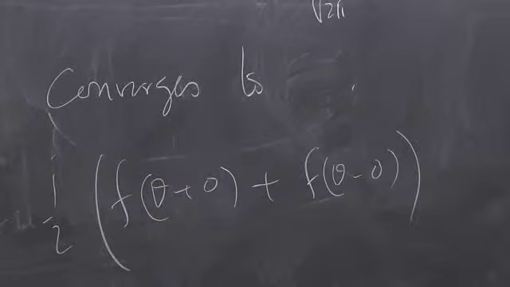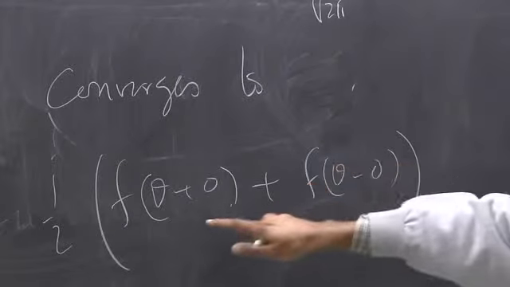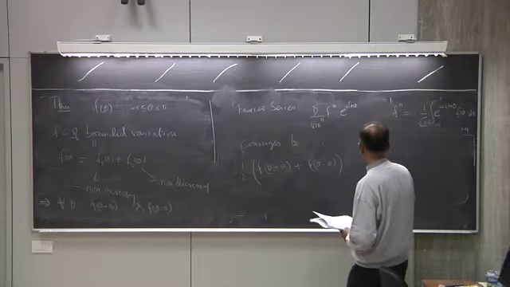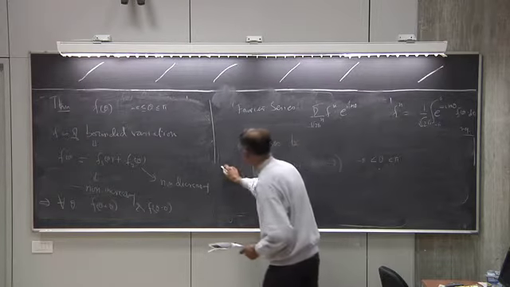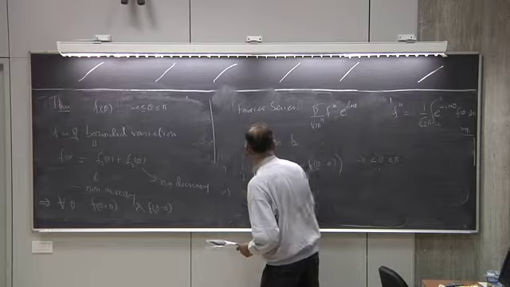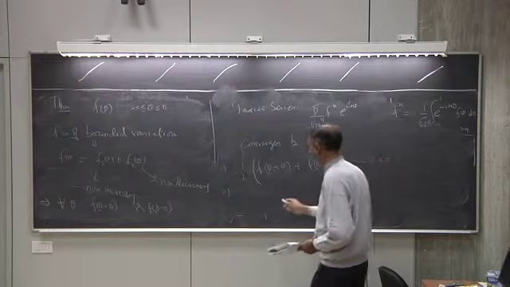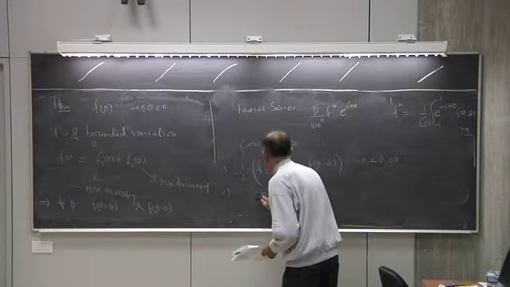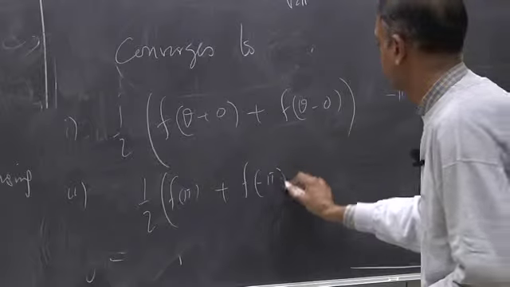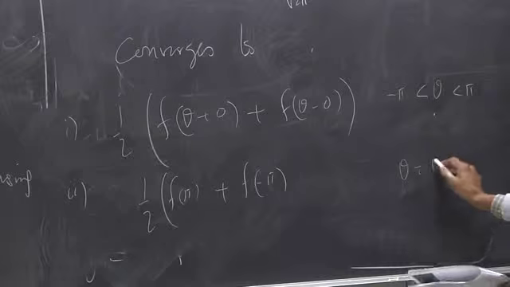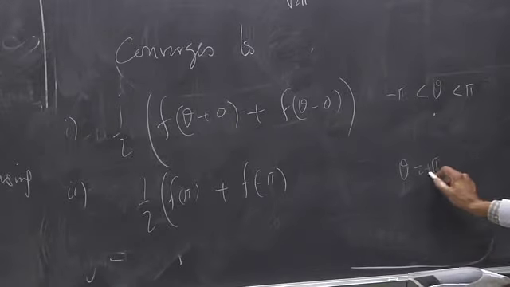This is for a given theta between minus pi and plus pi. So this is one statement. And second statement, you can ask now what happens at theta equal to pi. At theta equal to pi, it is simply half of f of pi plus f of minus pi. This is at theta equal to plus or minus pi.